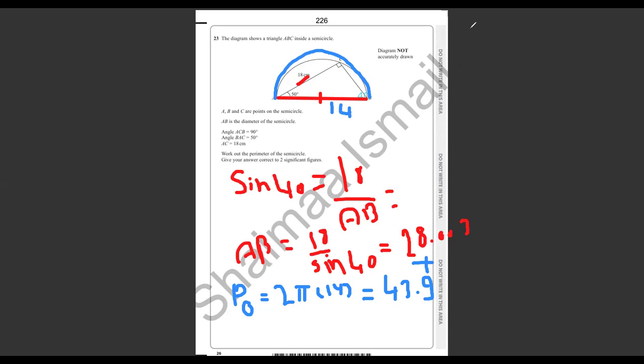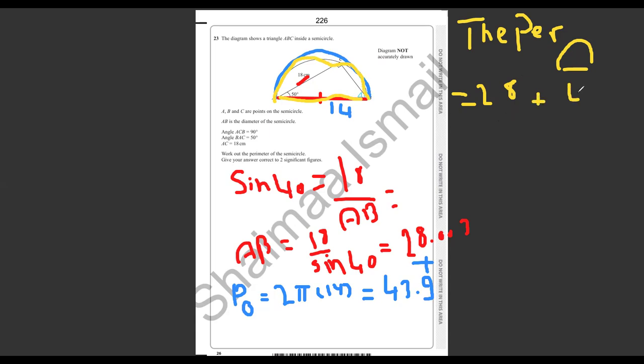So the perimeter of the semicircle will be equal to 28, which is the AB here, plus the arc, the length of this arc, plus 43.9, blah, blah, blah. And they needed 2 SF.